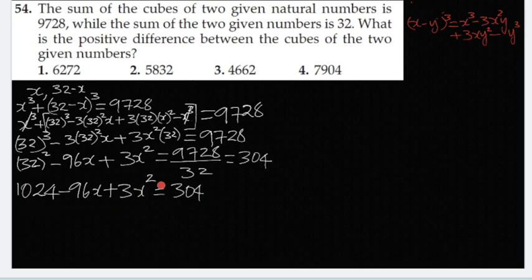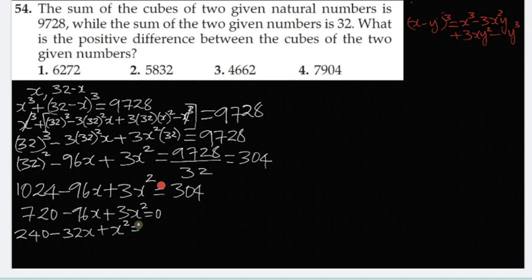So we get 720 minus 96x plus 3x square is equal to 0. From this we can take 3 outside, then we get 240 minus 32x plus x square equal to 0. So here we got a quadratic equation.